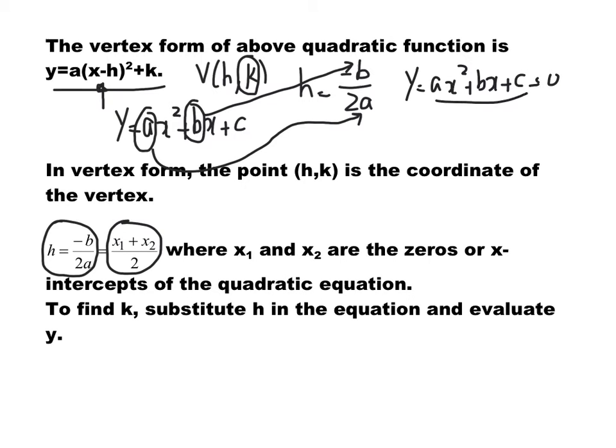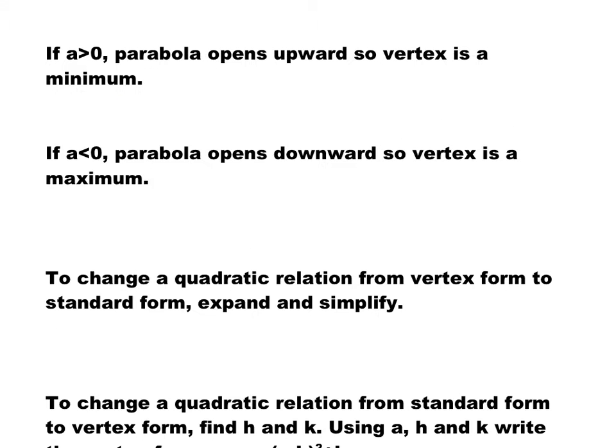You get two x-intercepts, or two zeros. One is called x sub 1 and the other one is x sub 2. You average these two, x1 and x2, together. This is going to give you your h value, and then you put h back in this equation again and you find the k value. This is going to be the coordinate of your vertex.